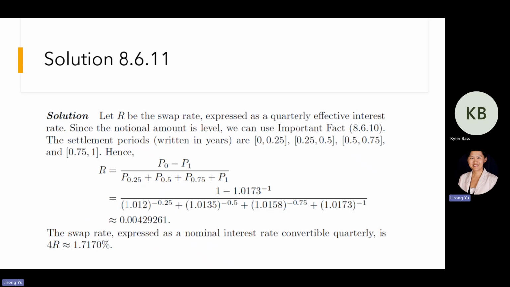Those are 1 plus r, the interest rates reported in the chart. And then we find our swap rate. This is a quarterly swap rate. We multiply by 4 to find the swap rate, expressed as a convertible quarterly interest rate.